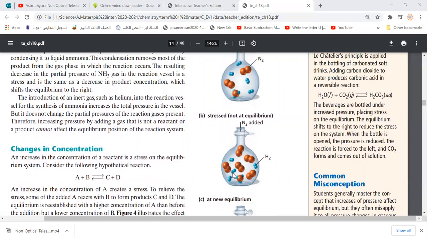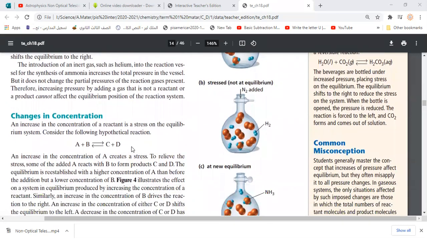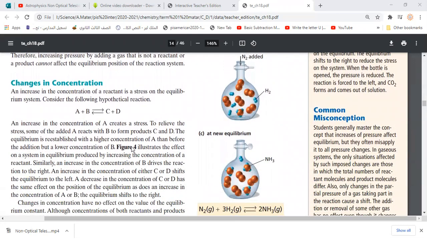So like this, we know the effect of pressure on a gaseous equilibrium reaction. Then the second factor, which is changing the concentration. Changing concentration actually has the same idea as what we explained here.